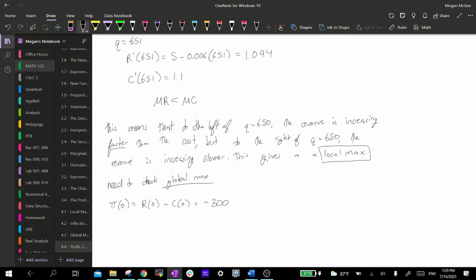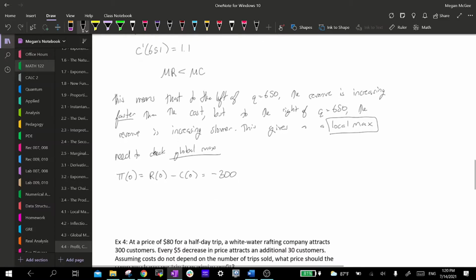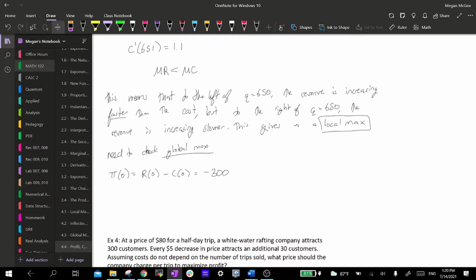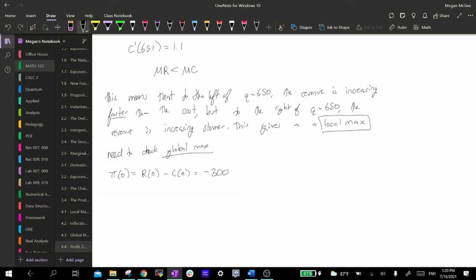Right? These are the startup costs. We haven't sold anything yet, but we've already spent money to get it off the ground, right? So we're losing money there. There's actually negative profit.